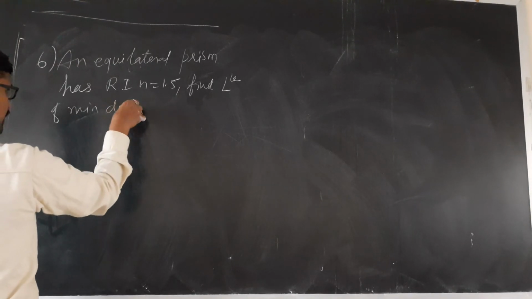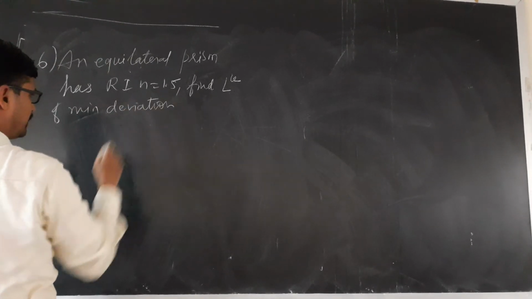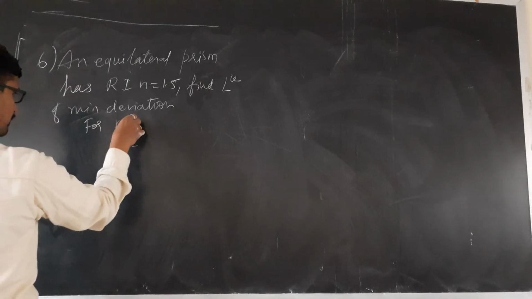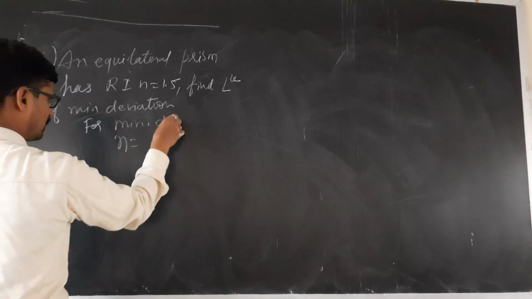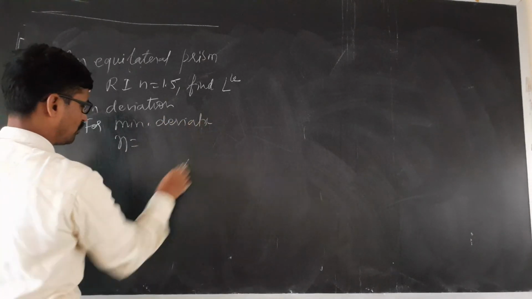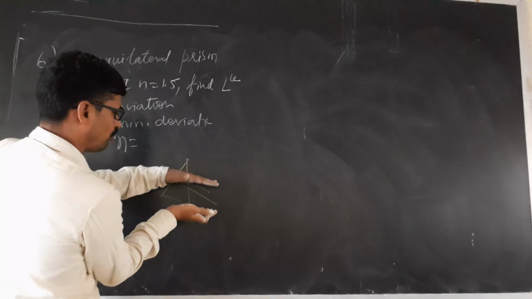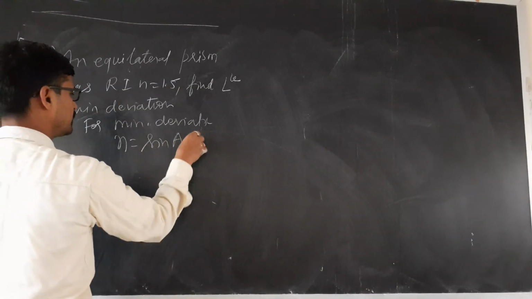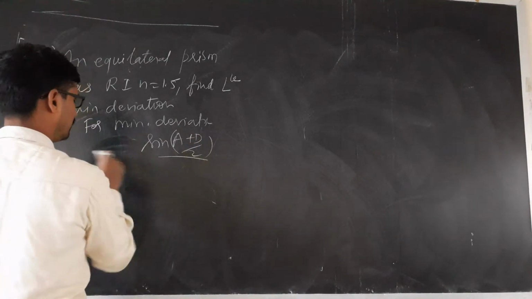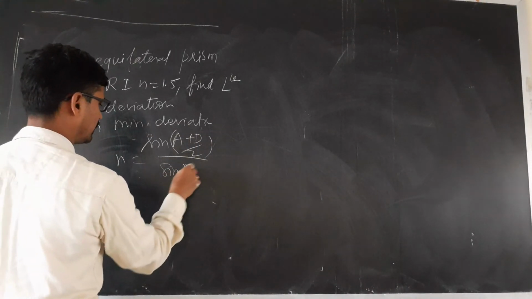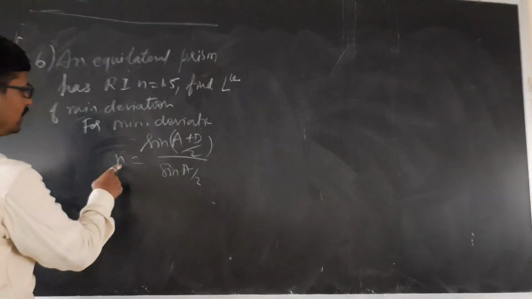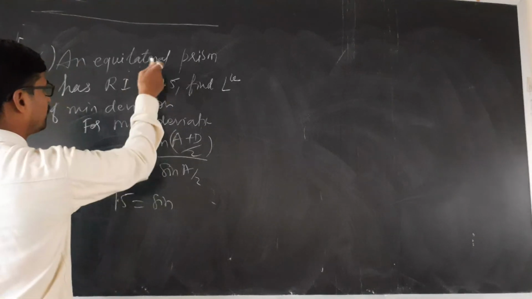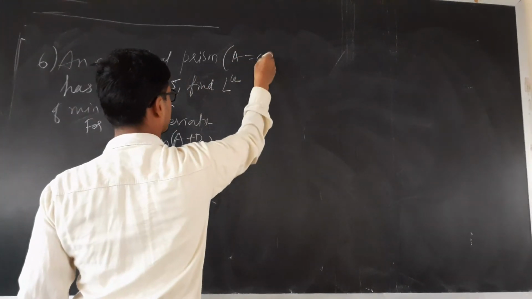See here now, for minimum deviation, n is sine of A plus D by 2 divided by sine of A by 2. N is already given 1.5. An equilateral prism means A is equal to 60 degrees.